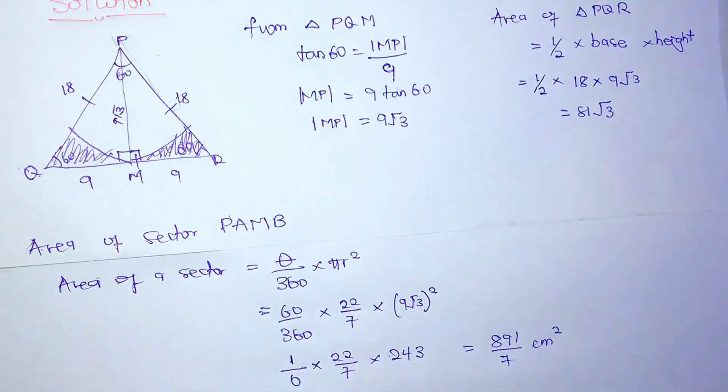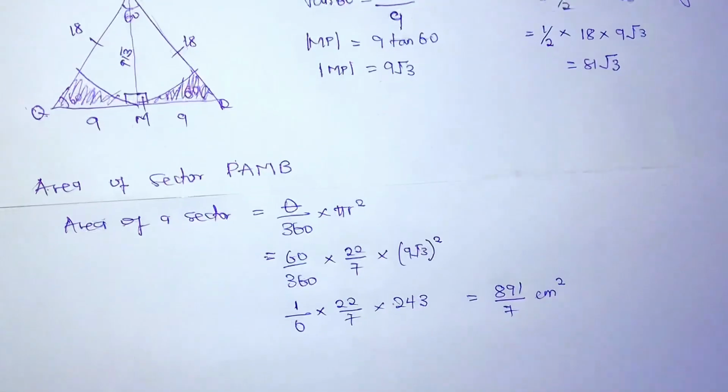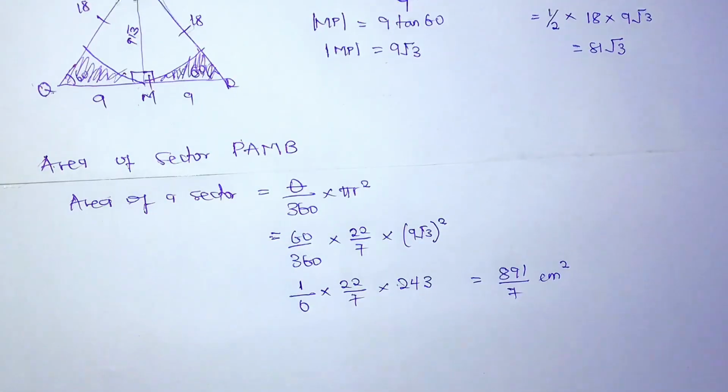Okay, so we have the area of the entire triangle. We also have the area of the sector. So if you subtract the area of the sector from the triangle, you get the area of the shaded region.